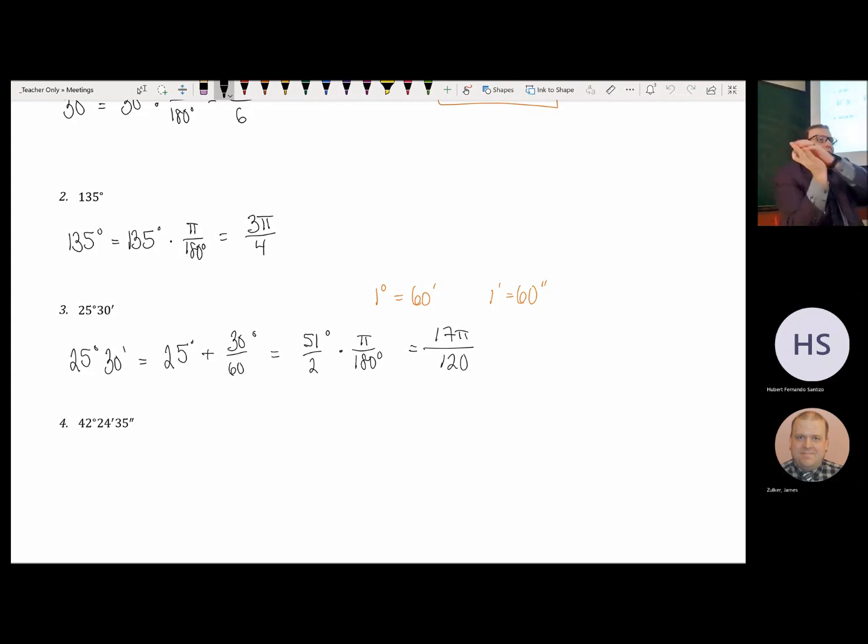Or the horizon, I think, is how they do it. Again, I don't really work with that. I work in light years for distance. But yes, there's also degrees, arc minutes, and arc seconds in astronomy, but that's different from this kind of angle measure. But they have the same idea.